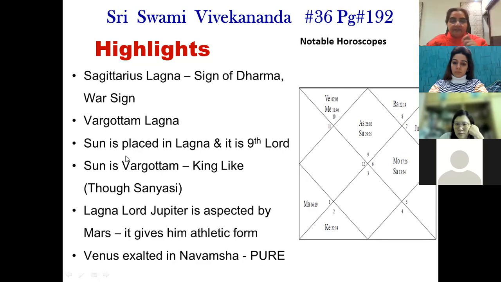This I have written. It's not written in his book, but I have mentioned it. Now, in my calculated chart, Sun is coming in the Lagna and Sun is ninth lord. Are you getting it? Because the ninth house is Leo and Sun rules Leo. So now the ninth lord is placed in Lagna.